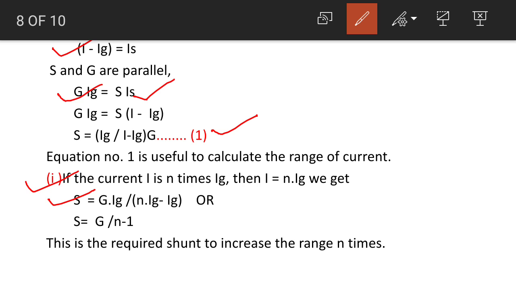Then S is equal to G into Ig divided by bracket n into Ig minus Ig. Or you get the equation S is equal to G divided by n minus 1. This is the equation of the shunt to increase the range n times.